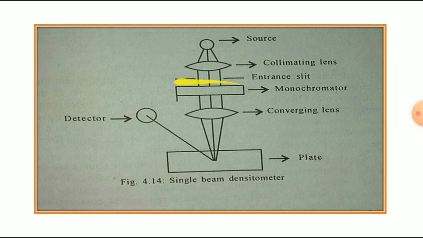This monochromator converts the polychromatic light into a single beam, and that single beam of light falls on this converging lens. This converging lens focuses that single beam of light on a single point.